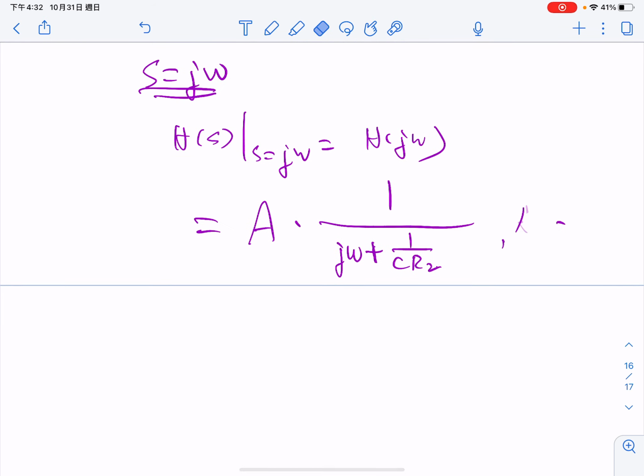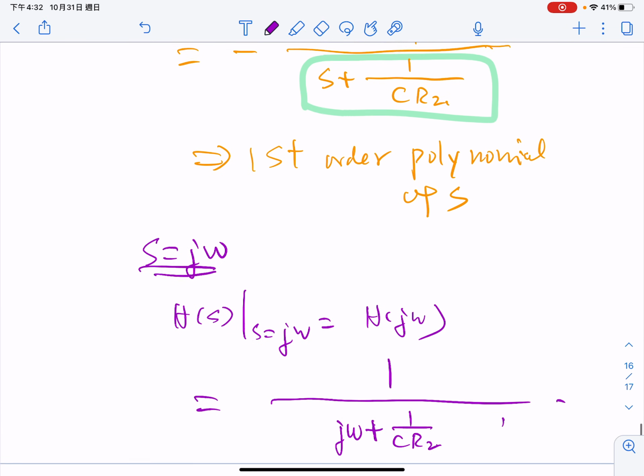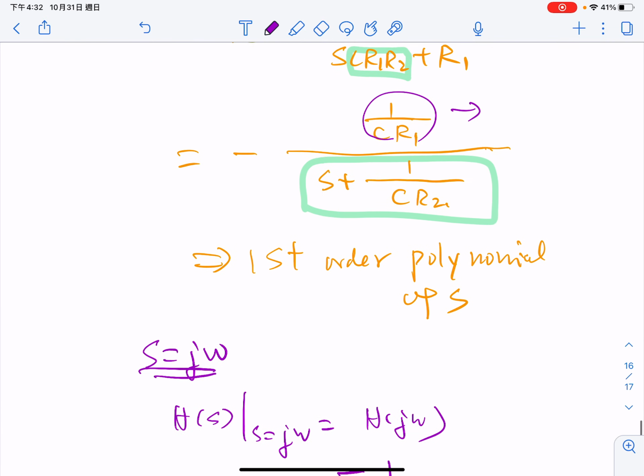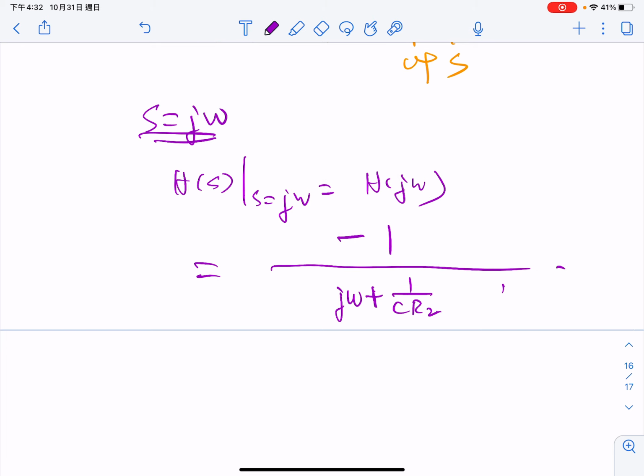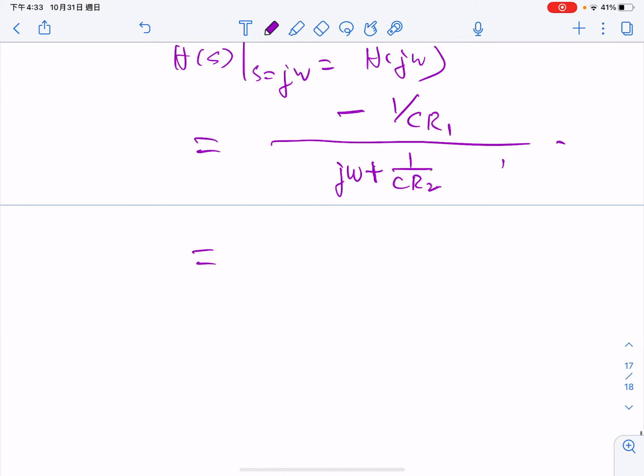Let me do this one later. Let me first complete this one. So this is the minus 1 over CR1, sorry, 1 over CR1. And let's try to move this part to make this part into this one, and this will be j omega CR2.